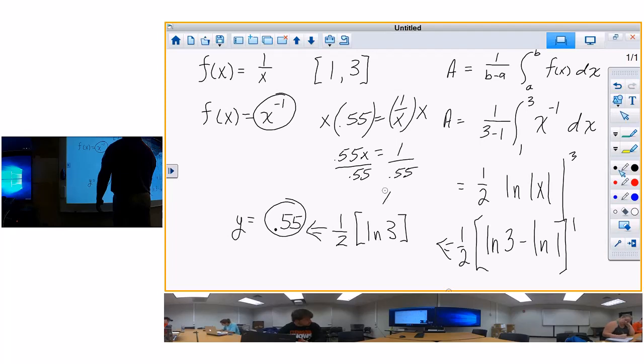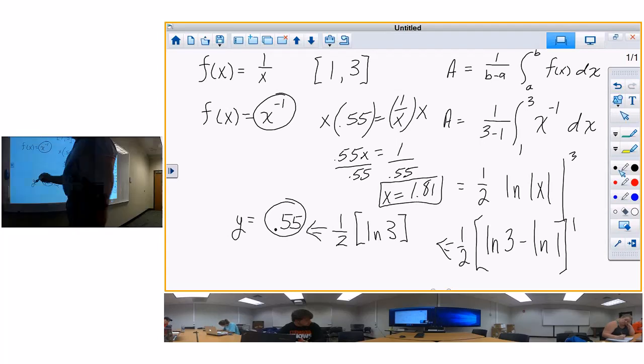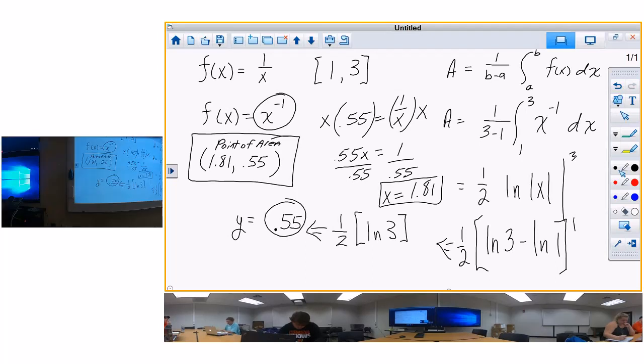And somebody tell me what x is equal to. 1.81. So our point of area is at 1.81, comma, 0.55. We'll call that our point of area. Okay?